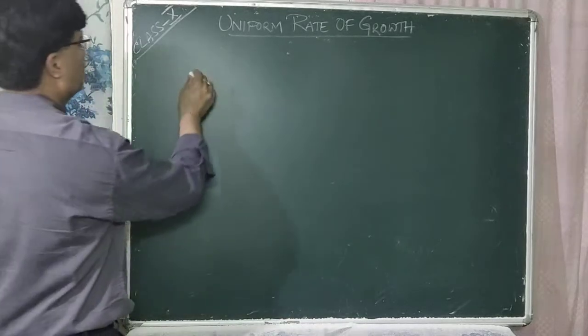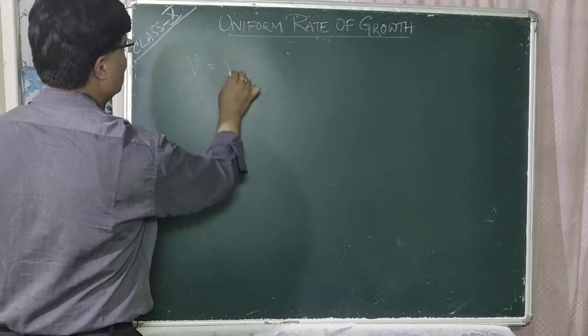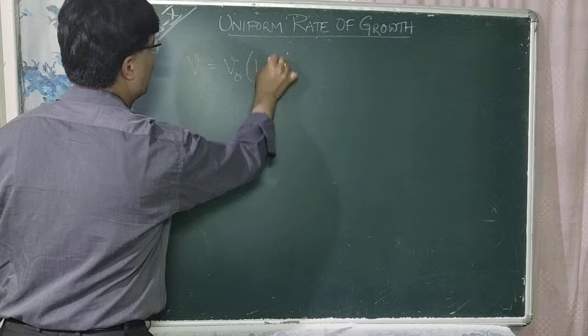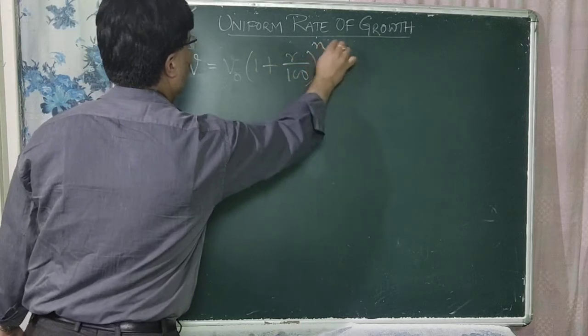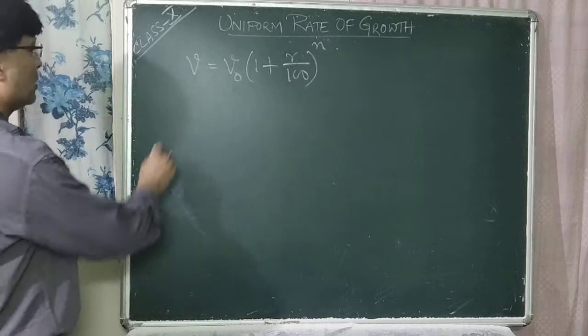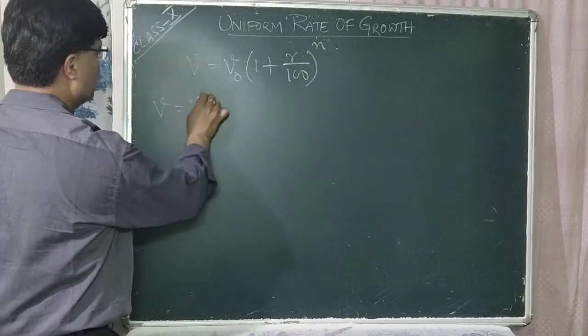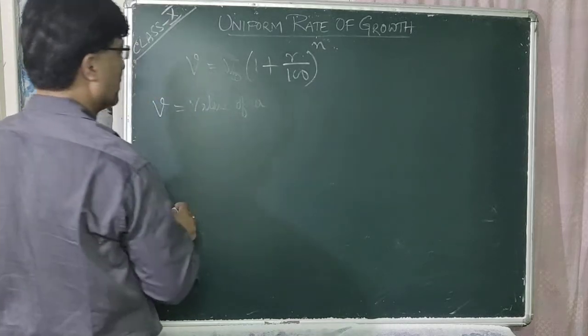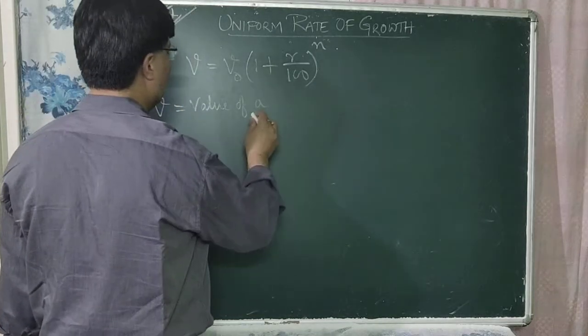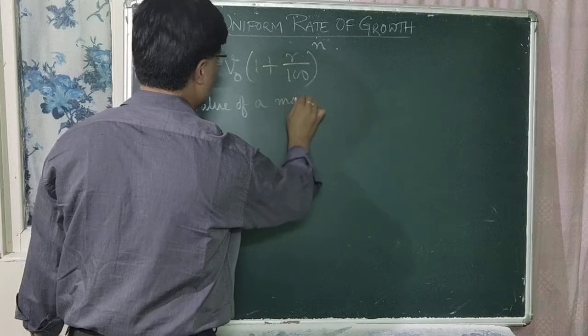So first of all, V is equal to V0 within bracket 1 plus R upon 100 whole to the power n. What is this here? V is equal to value of a machine.